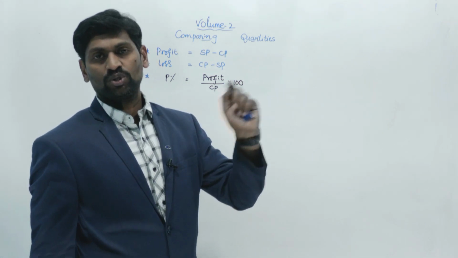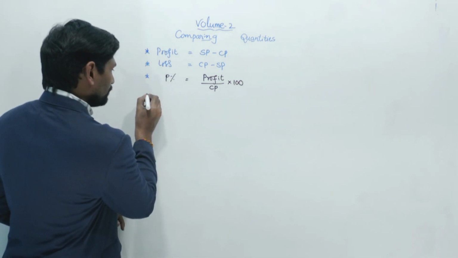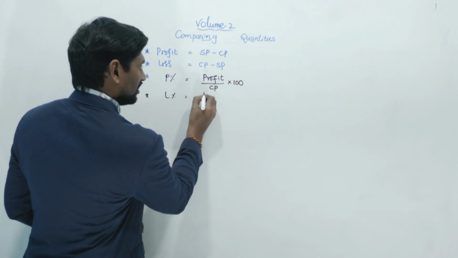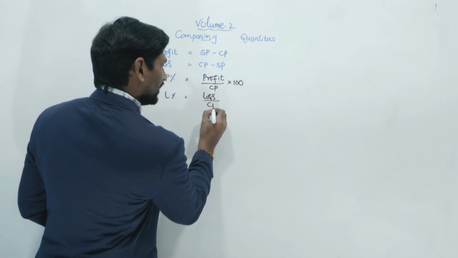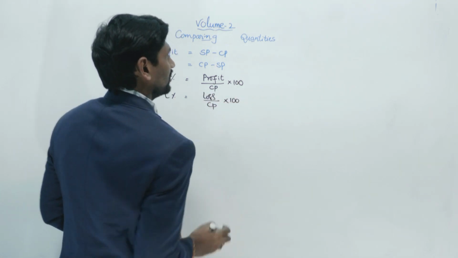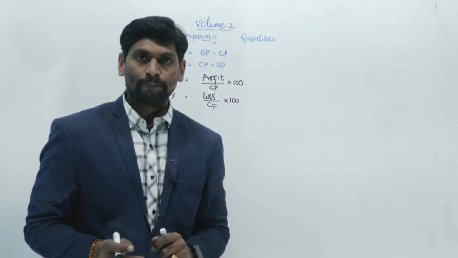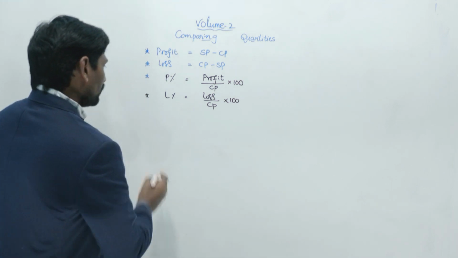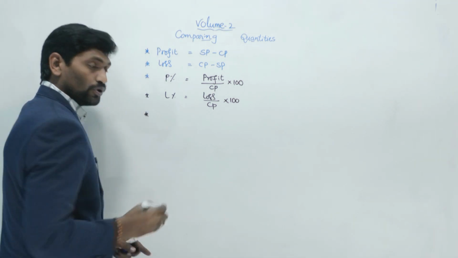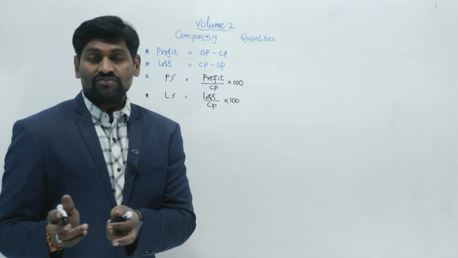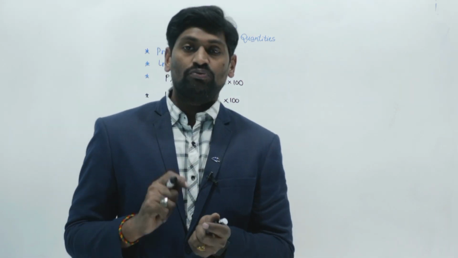Profit by CP into 100. Same way the loss percentage formula is loss by CP into 100. This is also CP only, because profit and loss both depend on cost price. Clear?